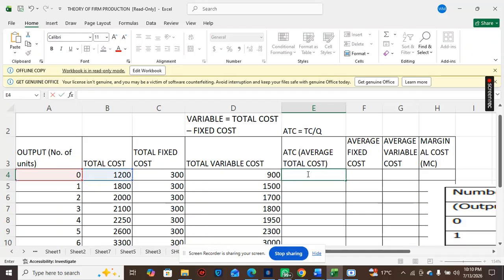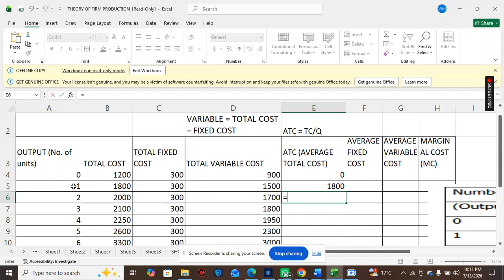Okay, 1,200 divided by 0 is 0. When we produce 1 unit and our total cost is 1,800, our average total cost, you're just going to say your total cost divided by number of units, 1,800.